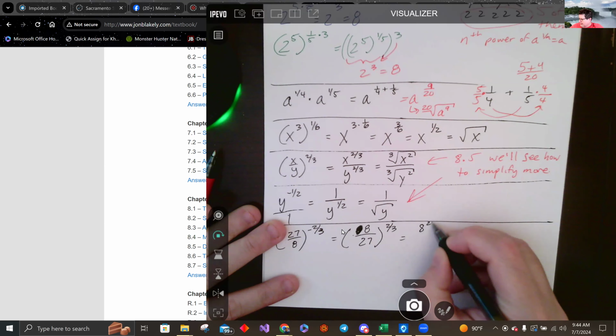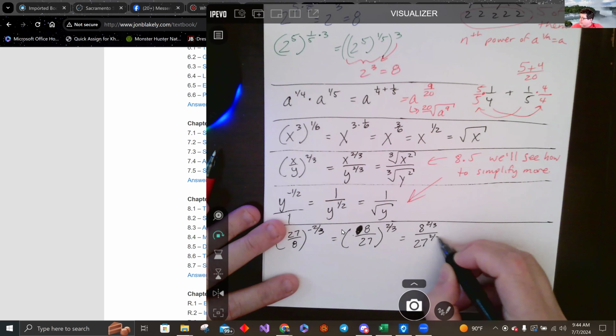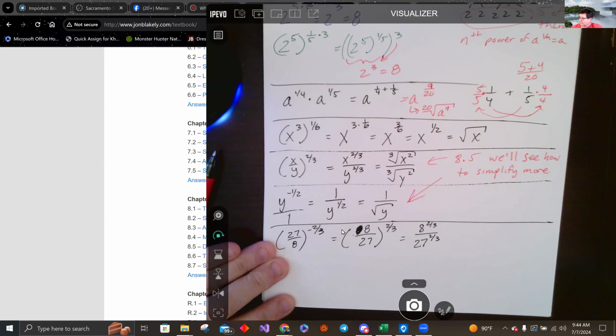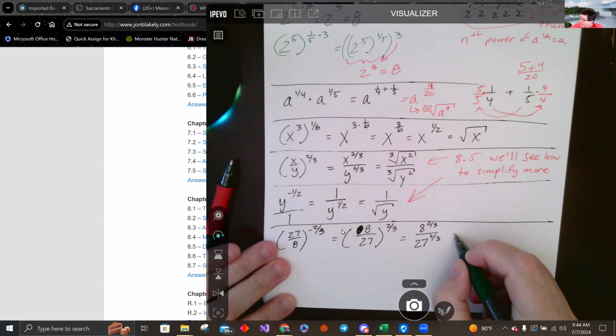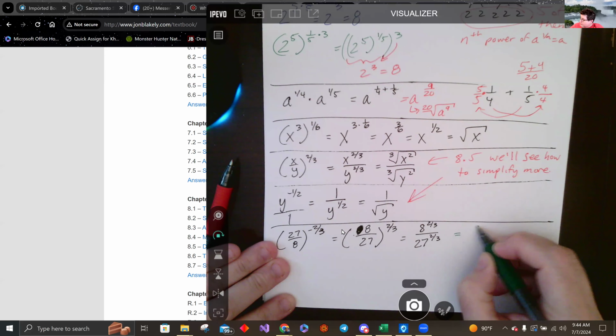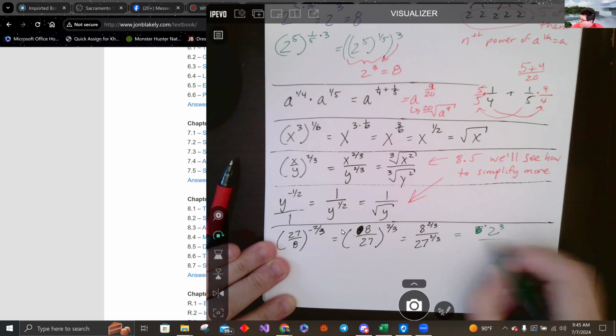Then we separate this. And this should clean up a little bit more. 8 is 2 cubed. And 27 is 3 cubed.